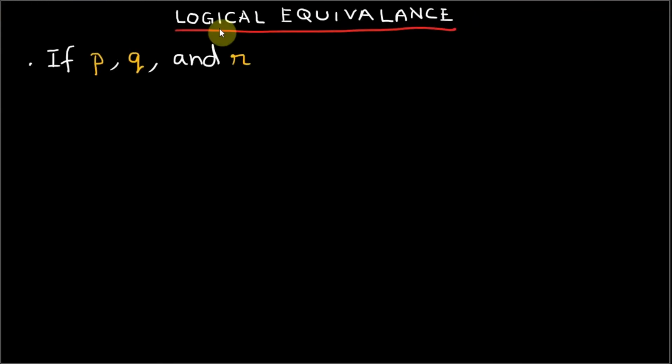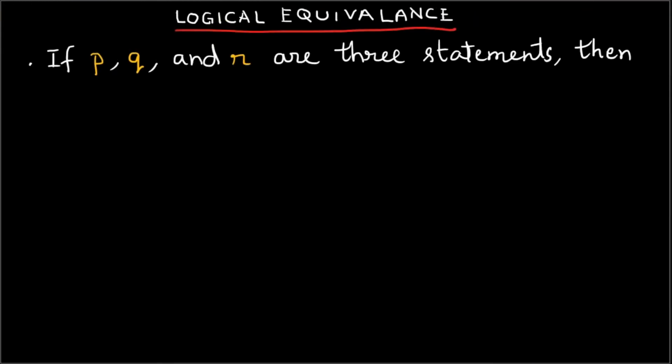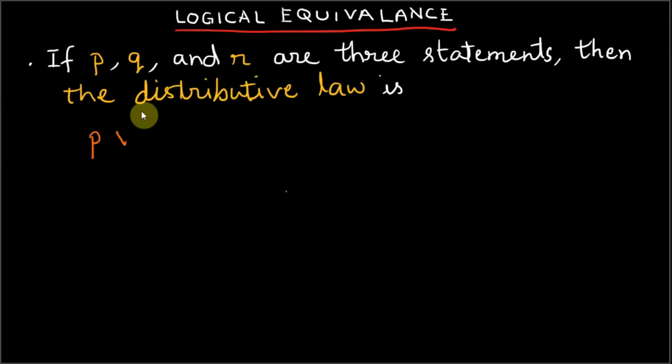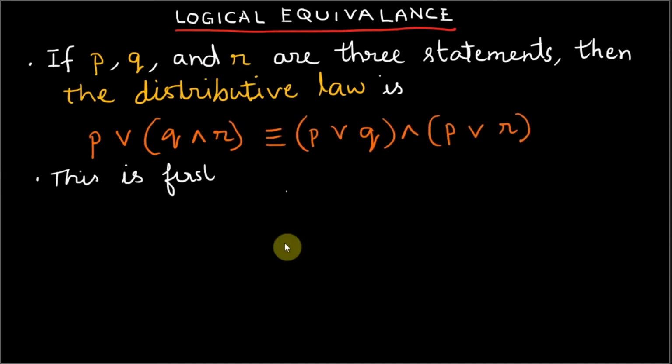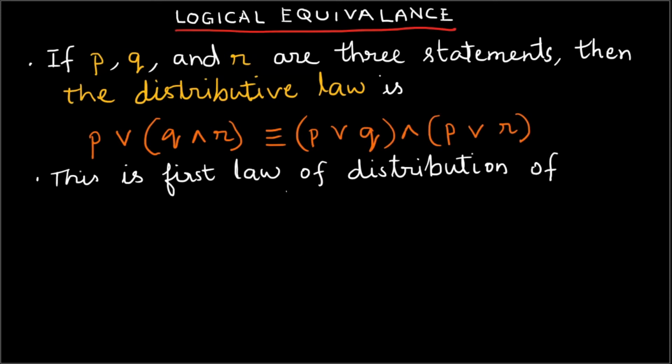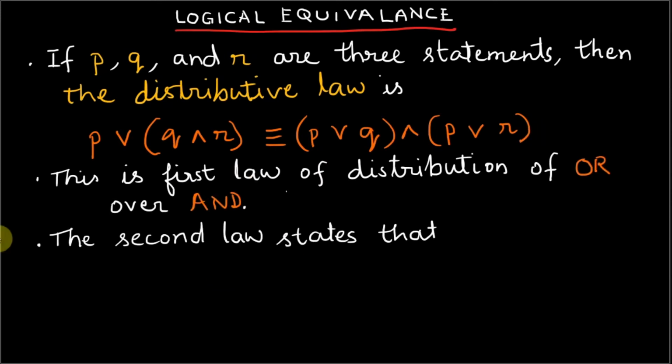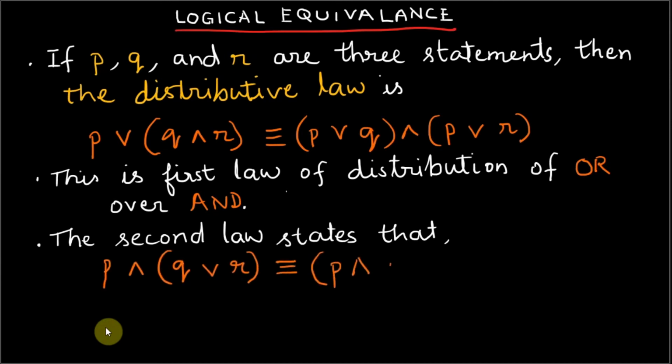If P, Q and R are 3 statements, then the distributive law is P or (Q and R) is equivalent to (P or Q) and (P or R). This is the first law, distribution of or over and. Similarly, the second law states that P and (Q or R) is equivalent to (P and Q) or (P and R).